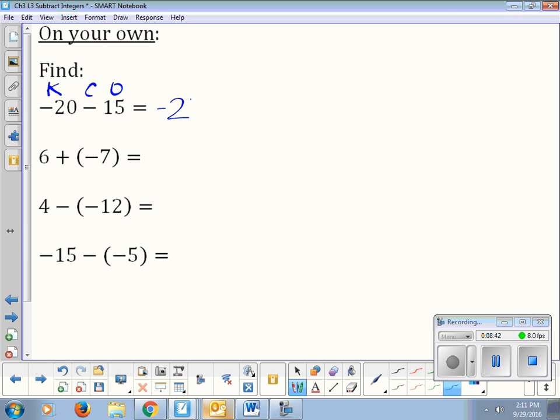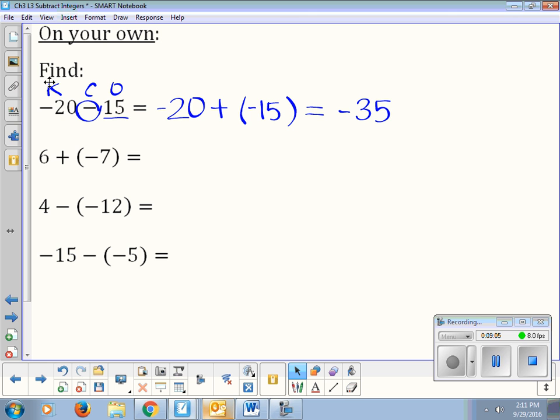We keep our -20. Change our minus sign to what? Change it to a plus sign. What's the opposite of +15? -15, and we're adding with the same sign. 20 plus 15 is 35, and we keep our negative sign.